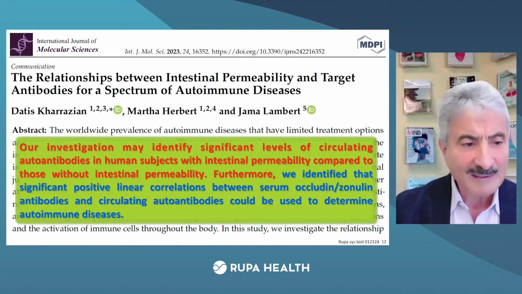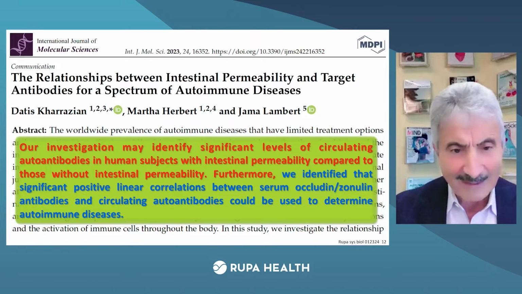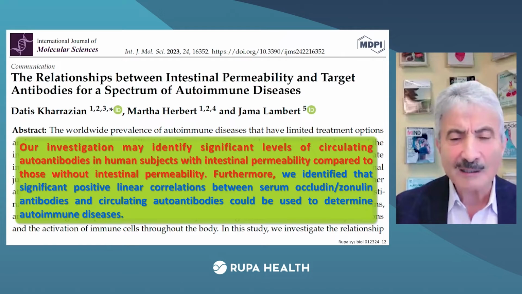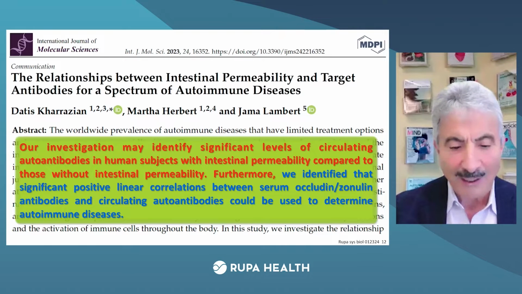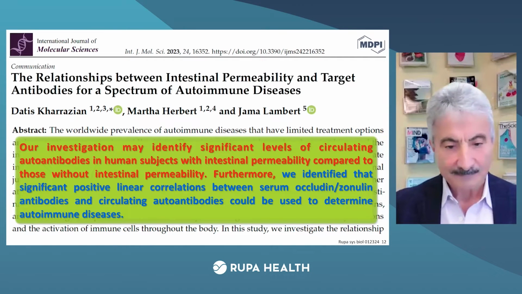In a very interesting article, Dr. Karazian looked at more than 200 blood samples of patients where Cyrex did Array 2 by looking at occludin, zonulin, and LPS antibodies.